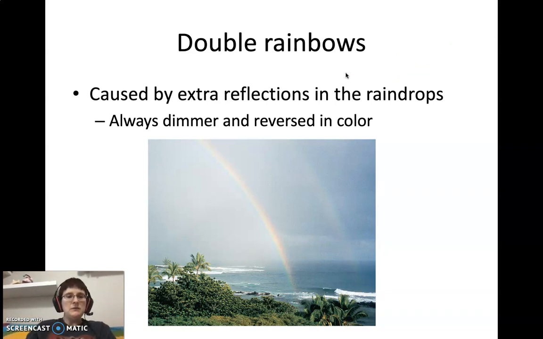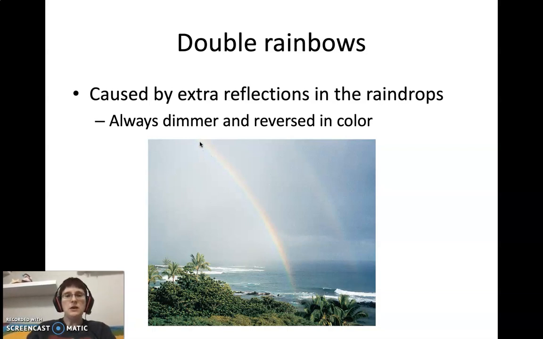Double rainbows, if you've ever been lucky enough to see a double rainbow, are actually caused by extra reflections in the raindrops. This is not common, but it does happen. And the double rainbow, if you can see it over here, is always going to be dimmer because the extra reflection loses energy, and it's going to be reversed in color.